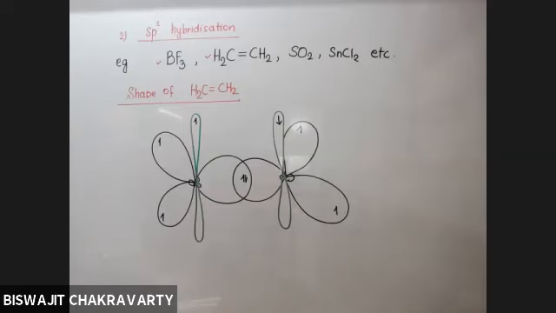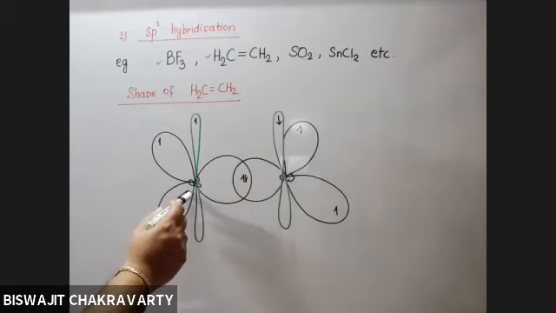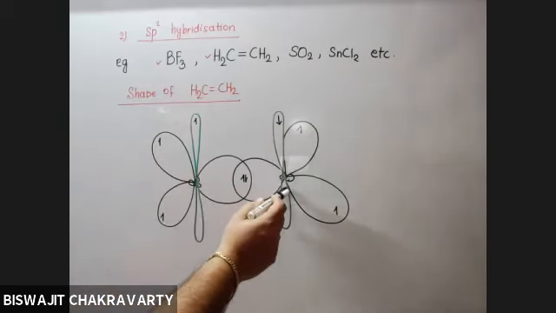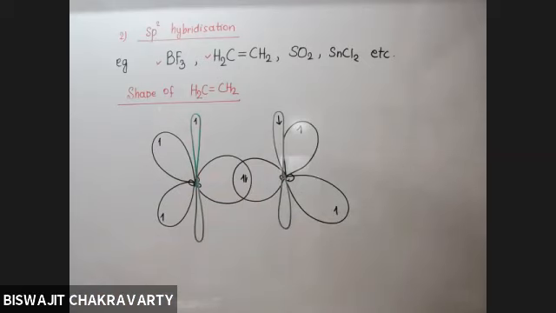Is it clear? This is for one carbon which is sp2 hybridized. This is for another carbon which is also sp2 hybridized. Clear or not?